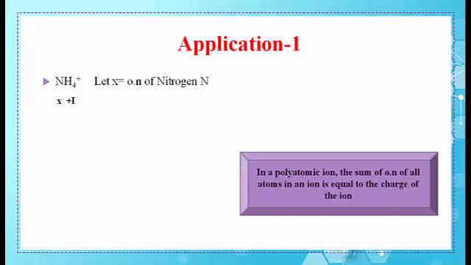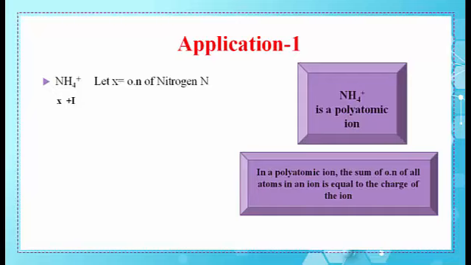For the polyatomic ion NH4+, let X be the oxidation number of nitrogen, and we know that the oxidation number of hydrogen is +1. In a polyatomic ion, the sum of oxidation numbers of all atoms in an ion is equal to the charge of the ion. NH4+ is a polyatomic ion, so the sum of all the oxidation numbers must be equal to the charge of this ion, which is +1.